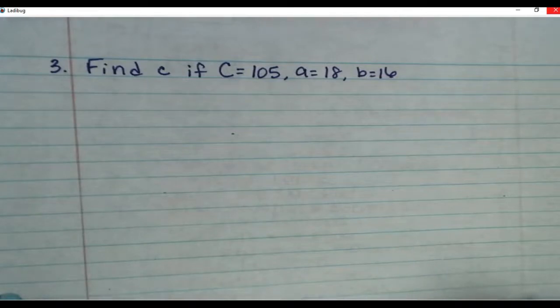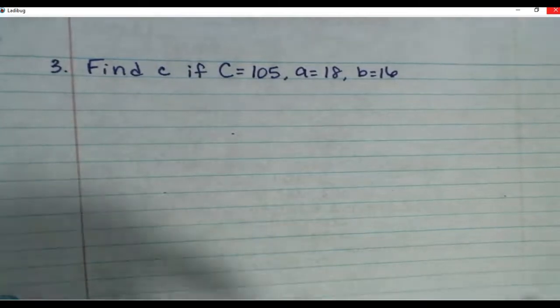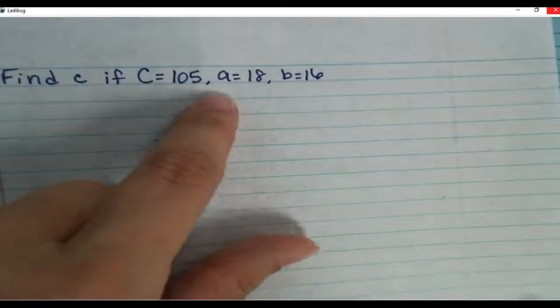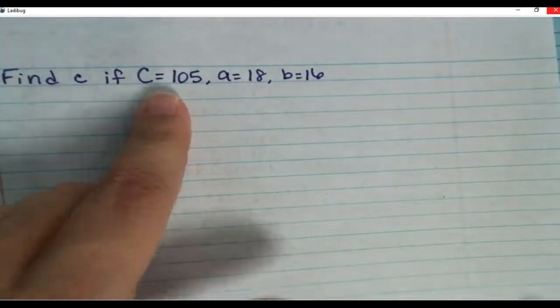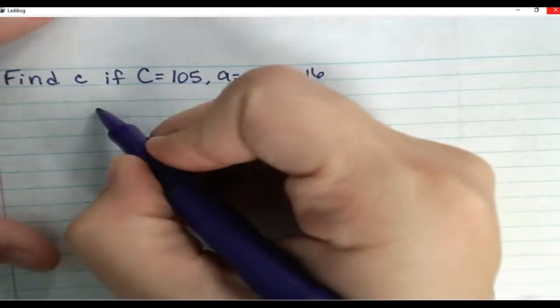Now, if it gives me this, do I necessarily have to draw a picture? No. So if I just look at my formulas, we want to find little c. Well, if I look at little c, I need A, B, and big C. Well, it gives me A, B, and big C. So really all you have to do is plug into the formula. Now, you can draw a picture if you want to, but you don't really have to.